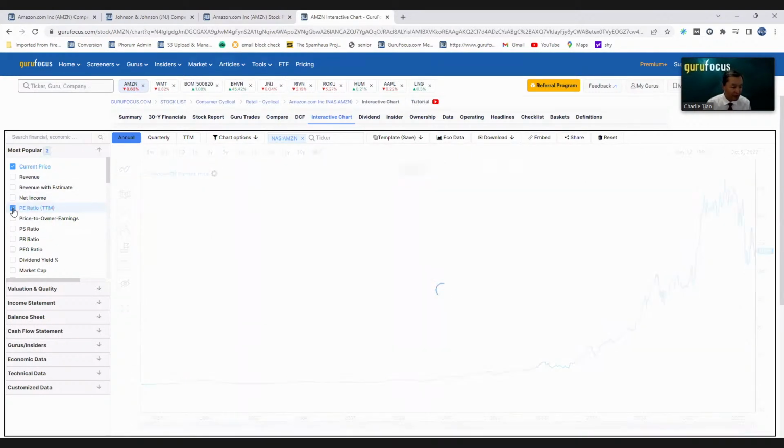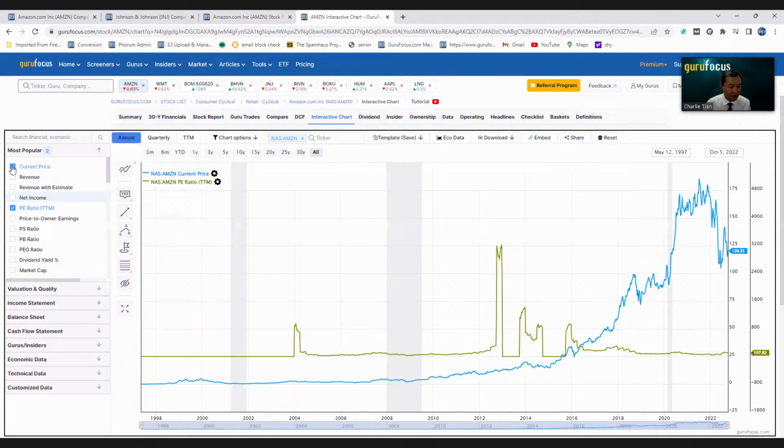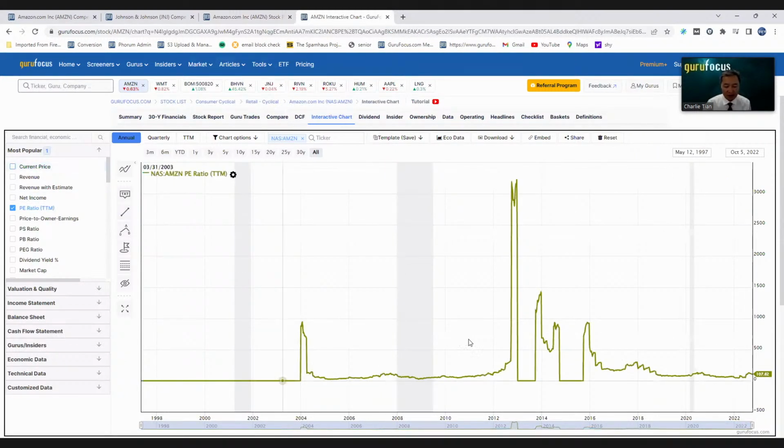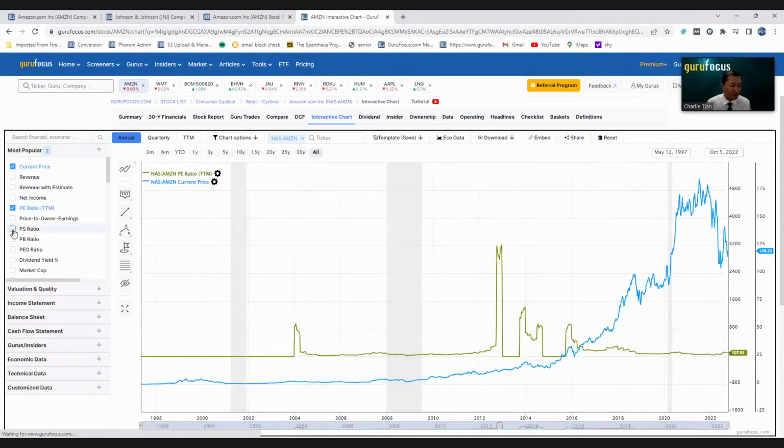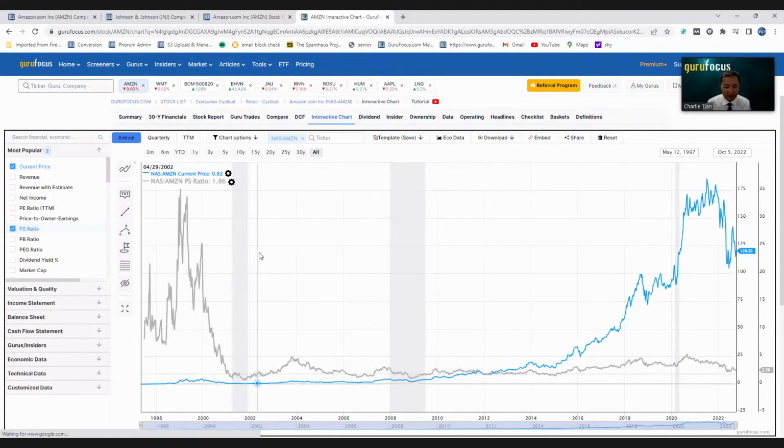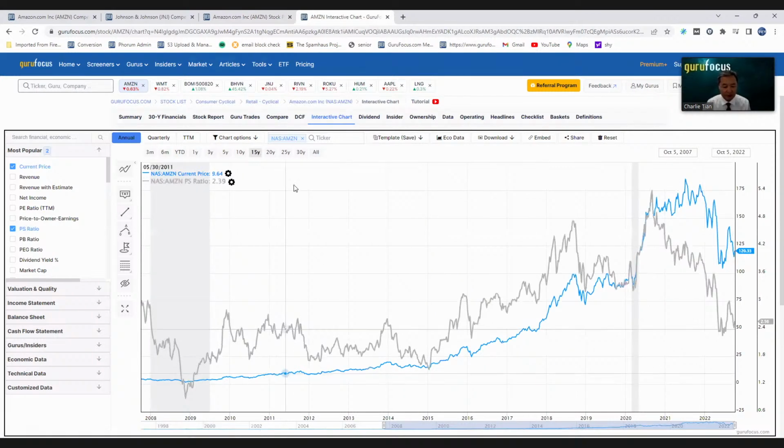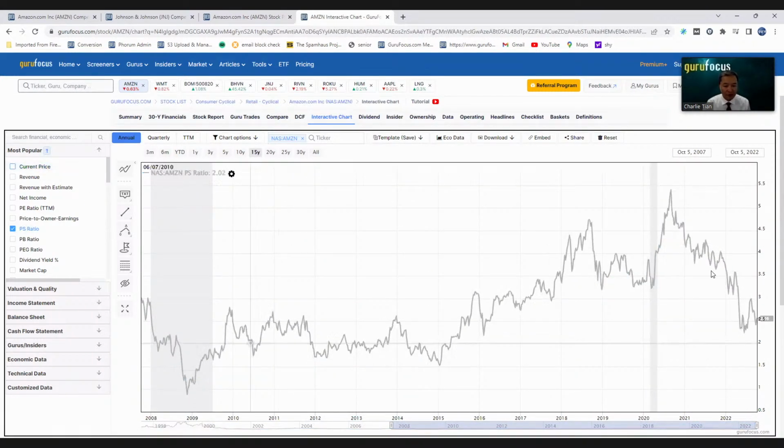If I look at the PE ratio of Amazon, you can see that most of the time, because earnings are negative, the PE ratio doesn't have meaning for a company like Amazon. But if we look at the PS ratio, in this case, I think PS ratio is a better indication for Amazon.